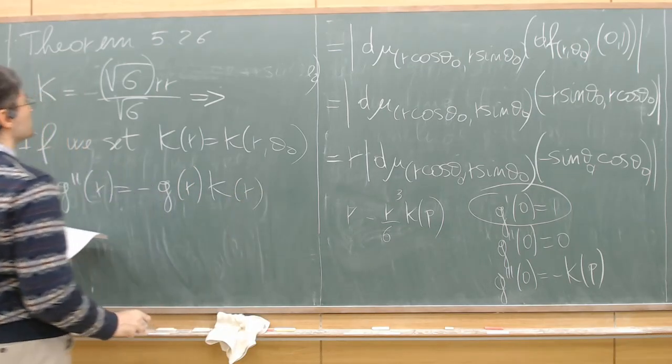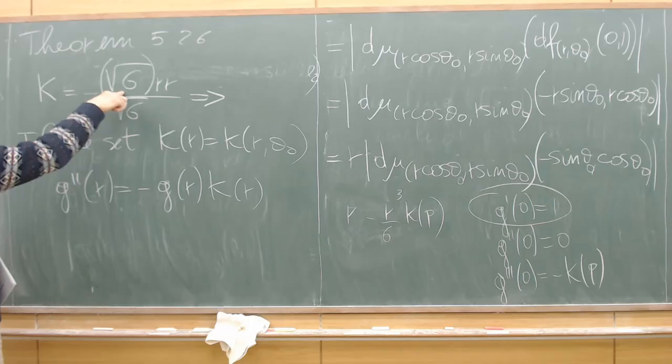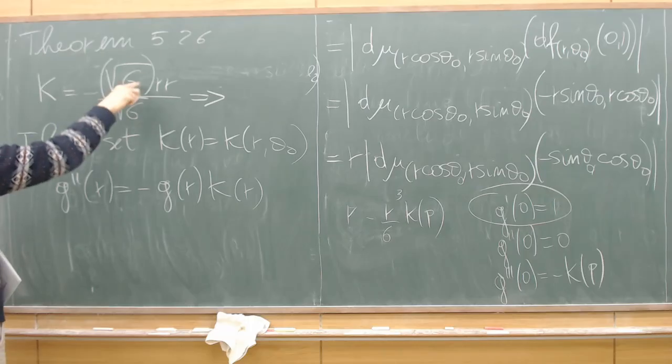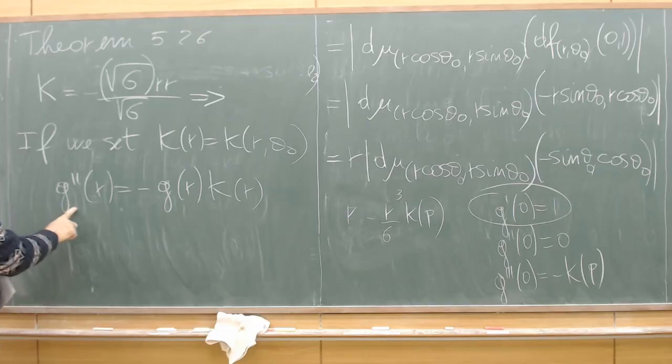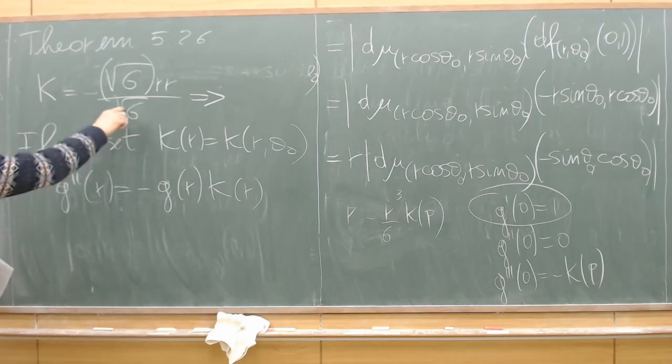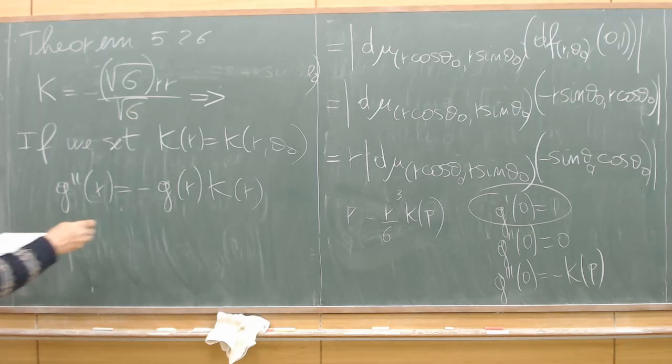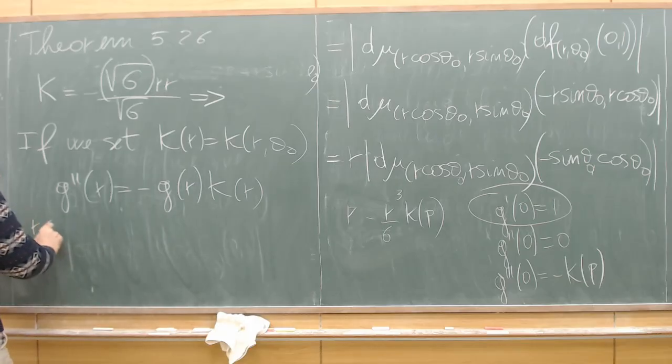This follows from the fact that this is g of r. So g of r is written using another notation as g second of r, and this is g of r. So this is true for r in 0 epsilon.